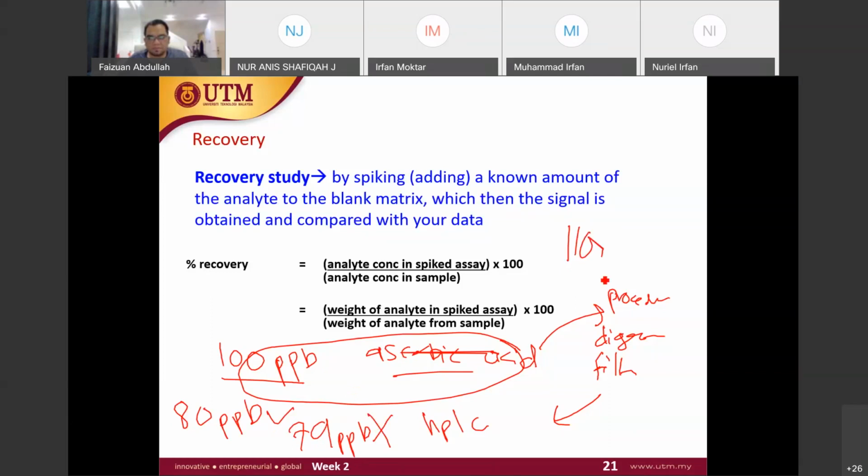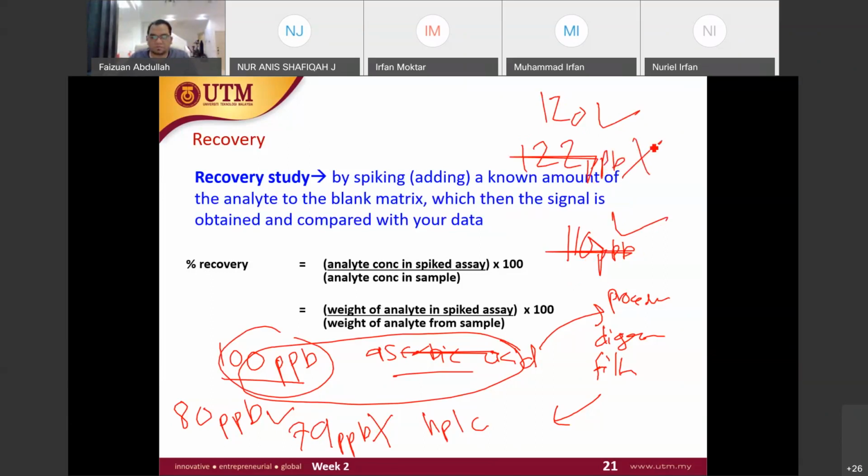And if we get 110 ppb, we know the concentration that we put is 100 ppb, so it is acceptable. 120, of course, acceptable. And what about 122 ppb? It's not acceptable.